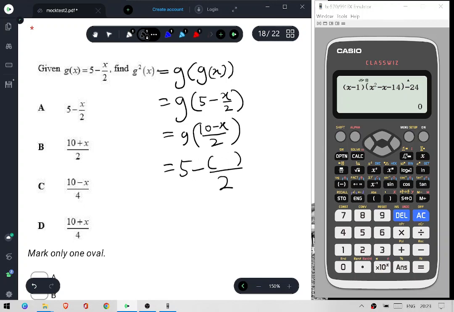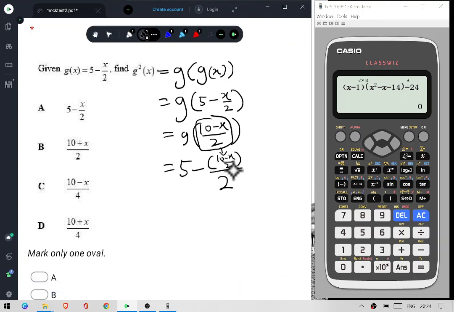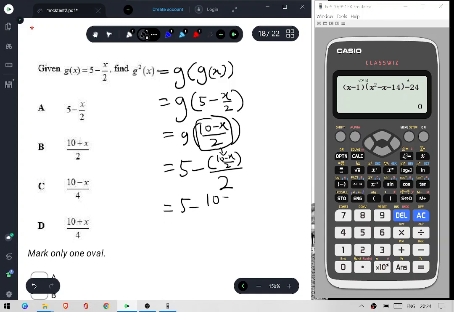Okay, and then we go further, substituting into the outside function, which is 5 minus x over 2. The x now is an empty bracket. What is the content of the empty bracket now? It is this one, 10 minus x over 2. You see a fraction inside the bracket, with another fraction over there. So it is 5 minus 10 minus x over 4. We need to combine this too.